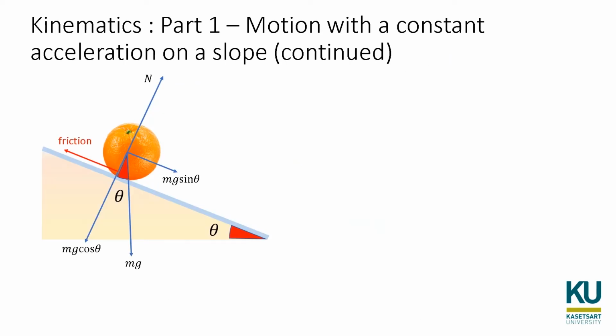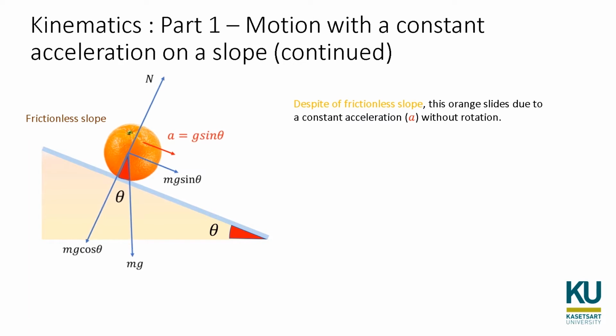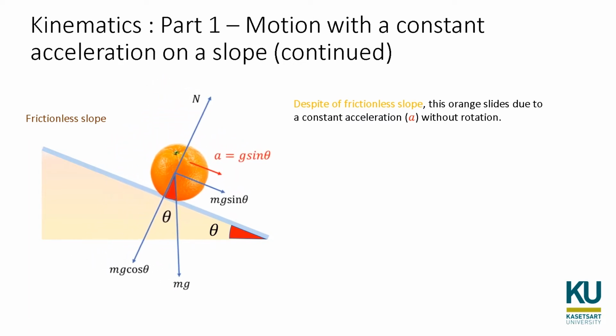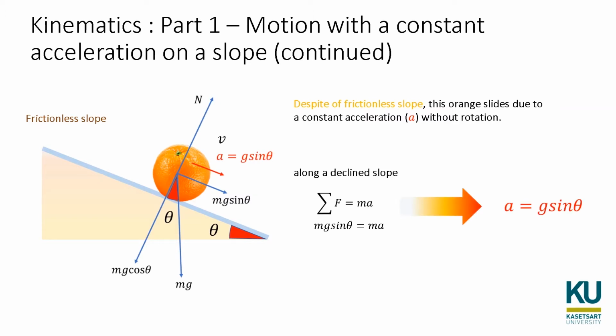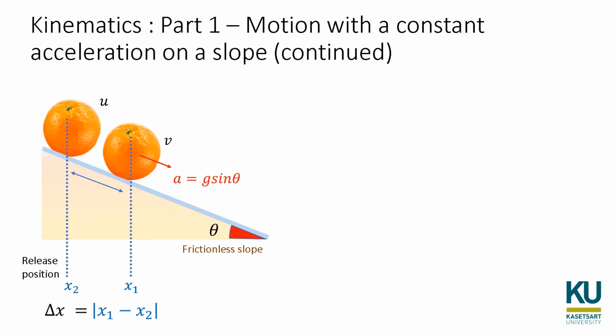But for a friction-free system, or frictionless slope, in this case we use an air track to get rid of the friction. The orange can slide down with a constant acceleration, which is g sin θ. By this, you will see how this object changes position.